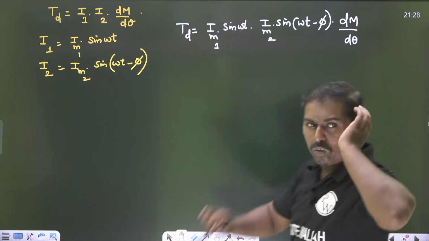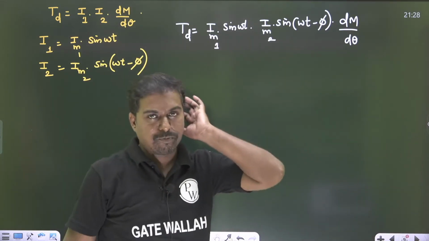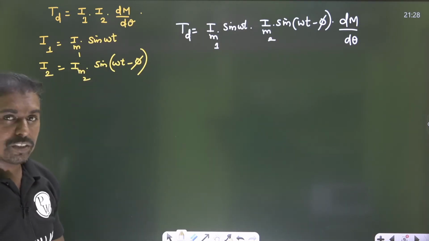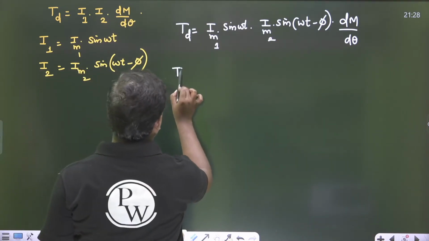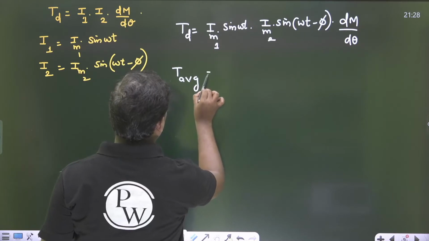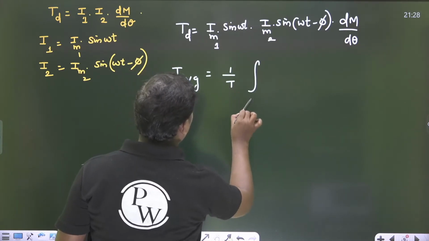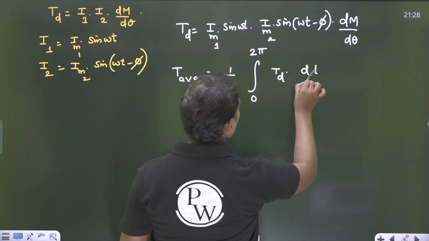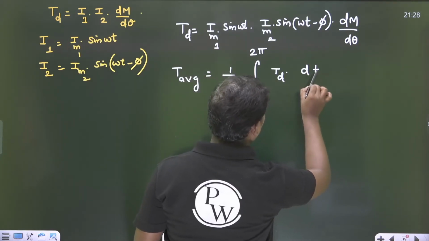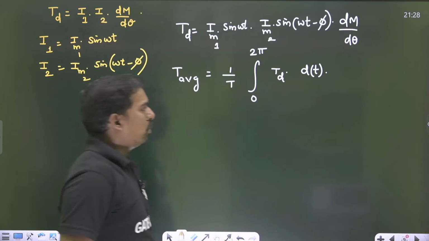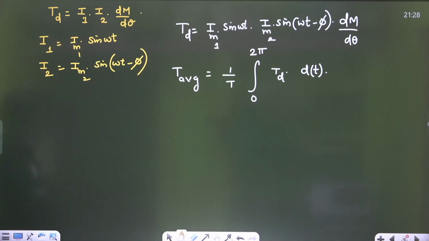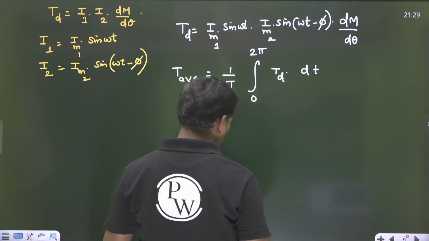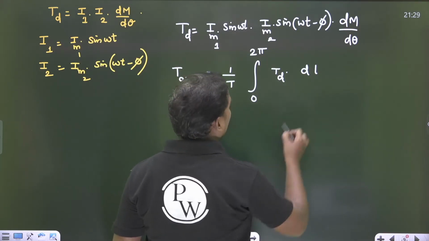As we know, it measures the average. So how to find the average? The average torque we can take as 1 by T integration from 0 to 2 pi of Td into d omega t. Why? Because theta is equal to omega t here.